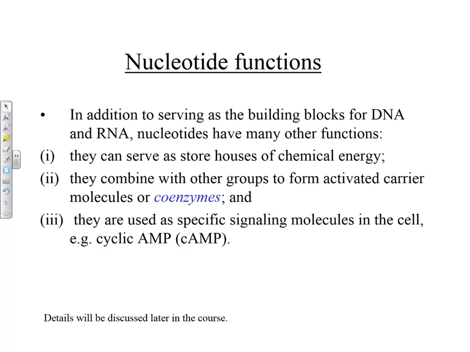I'll talk about this again in the next chapter. If a cell has lots of ATP, that means the cell is in a high energy state. On the other hand, if most of these molecules are in the form of diphosphates, it means a low energy state. If they are in the form of adenosine monophosphate, it means an even lower energy state.